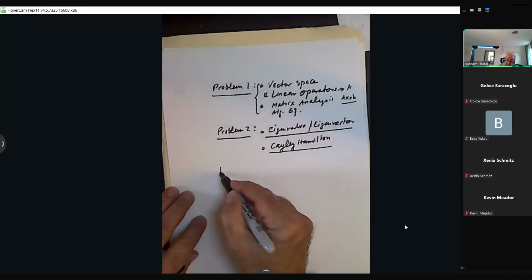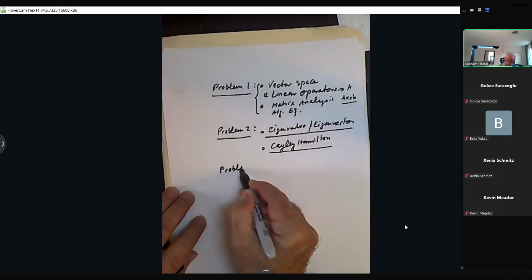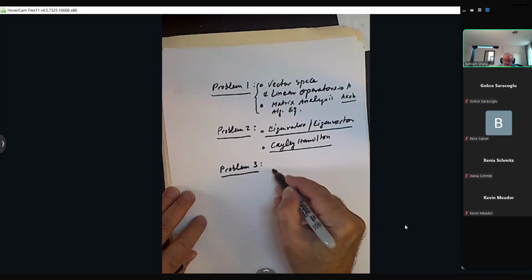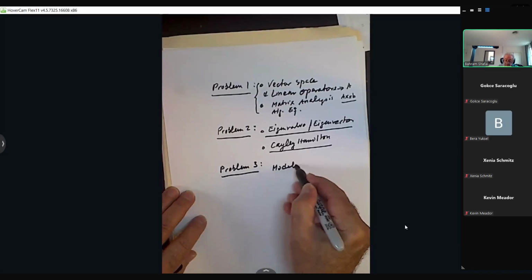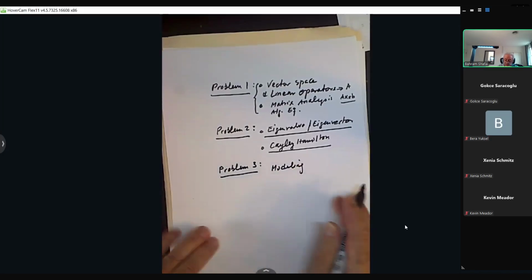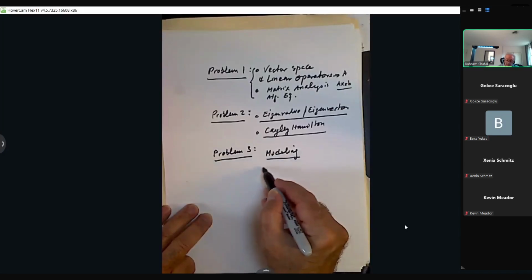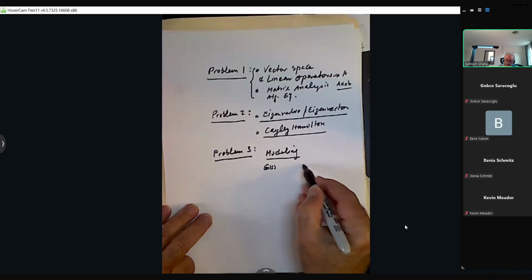Then we go to chapter 2, about modeling. Here, the modeling that I just described in the notes that I showed you a few minutes ago, you have to know both transfer function modeling and state space modeling.